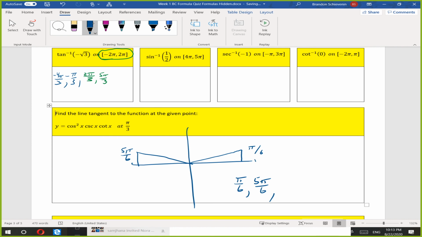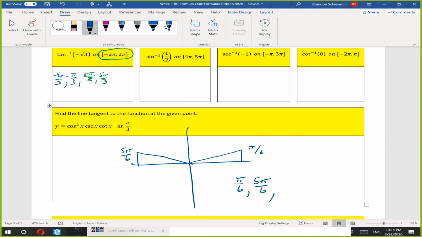That would be on my next rotation. Okay, so to get coterminal angles, you can either add or subtract 2 pi.